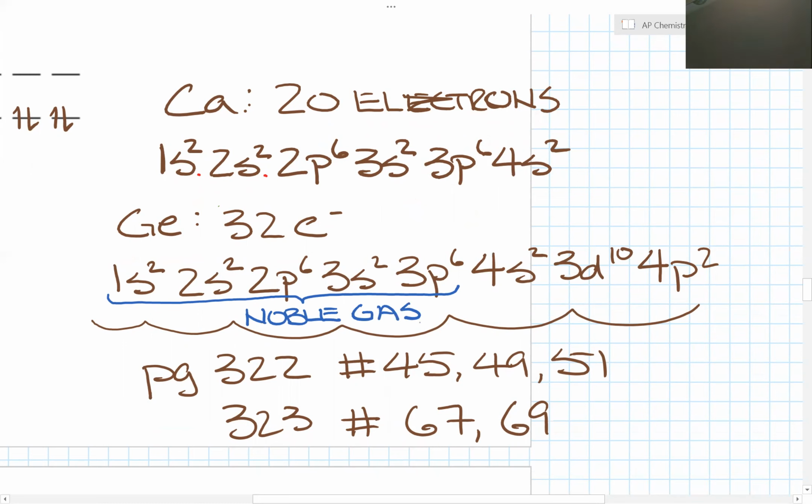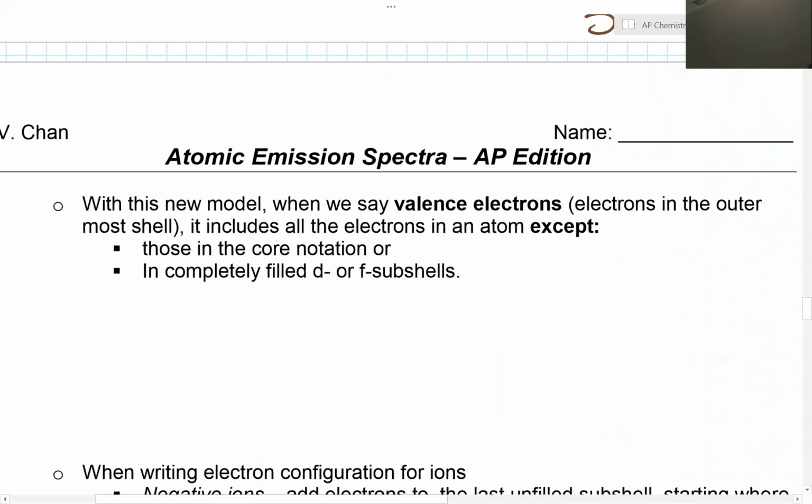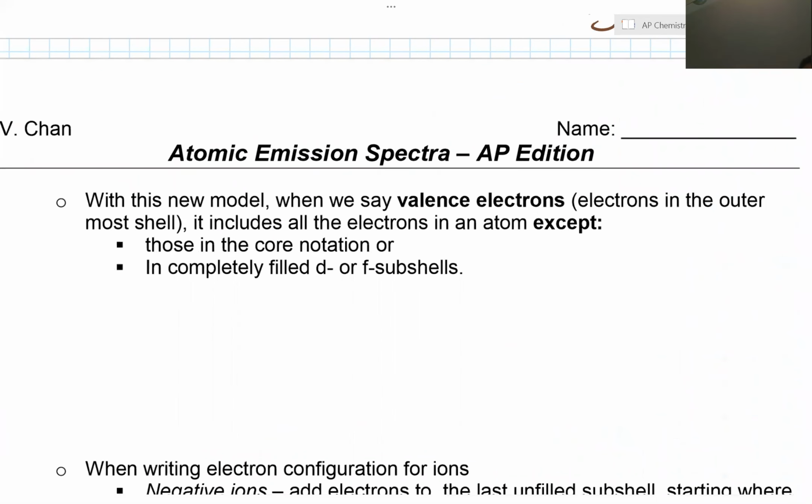Now, what is the significance of this? With this new model, when we say valence electrons, electrons in the outermost shell, it includes all the electrons in an atom except for those in the core notation. Core notation, another name for this would be noble gas.